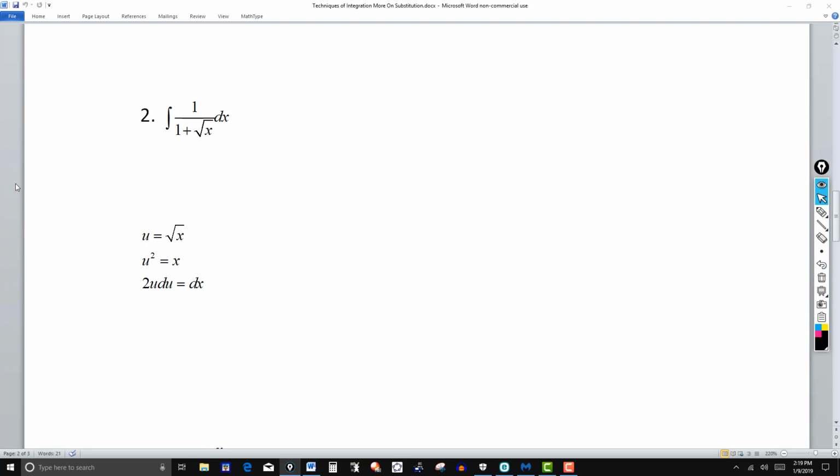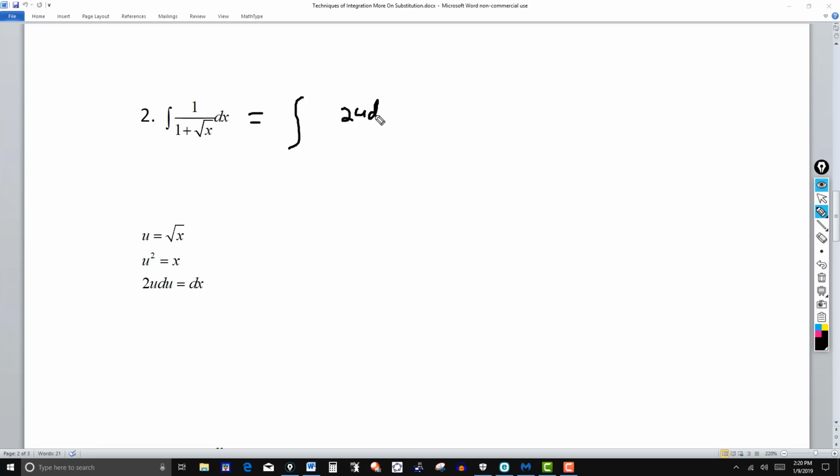Okay, so using these substitutions then, come up here and say this is equal to the integral, I should say, of, okay, so what do we have? dx is 2u du. This dx is on top, remember, so that can be replaced by 2u du.